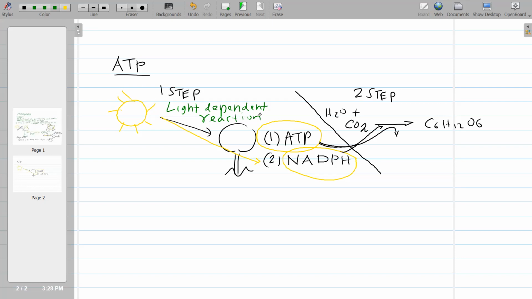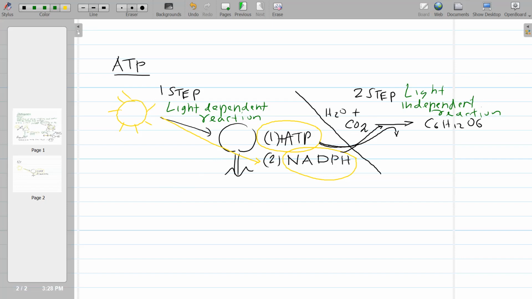The second step, we can say, is the light independent reaction.